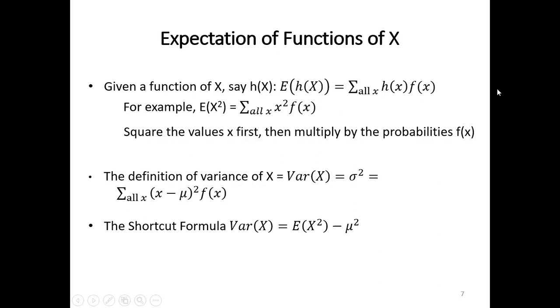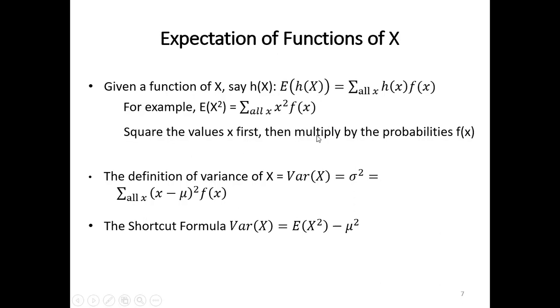So one situation where this comes up a lot, we'll need to calculate E of x squared. So what we would do is you square the x values first, then you multiply by the probabilities, and then you sum all of them up. So that's what this tells us here. Square the x's, multiply by the corresponding probability, and then add all of those up. So we'll need this in the shortcut formula I'm going to show you in a few seconds.